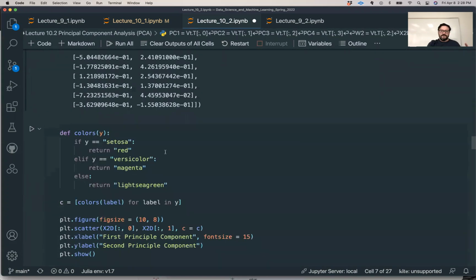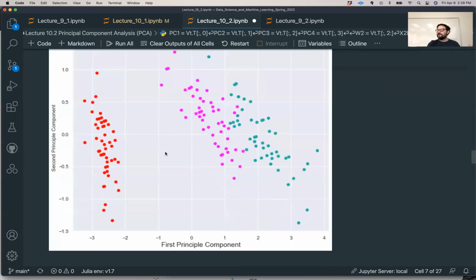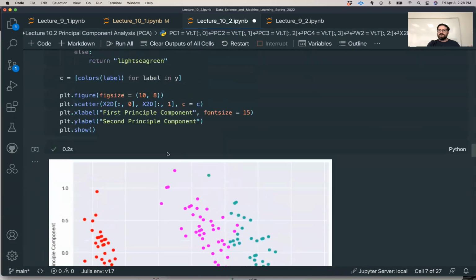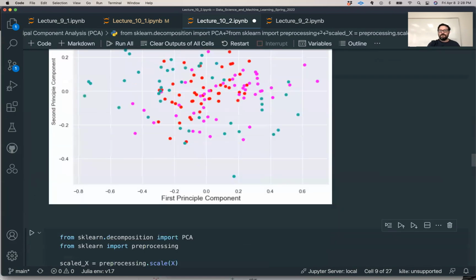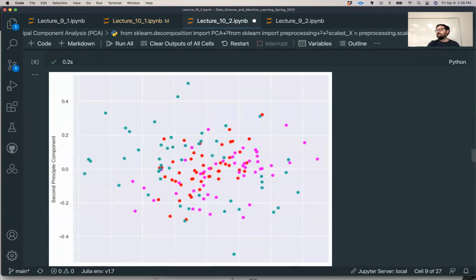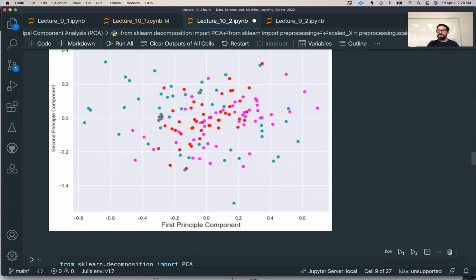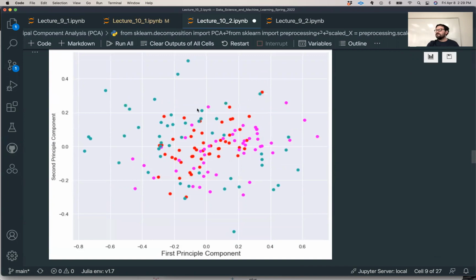So here's what it looked like before with the first two singular vectors. And then I'm about to do it with the last two. See that? There's barely any separation in the data. Look at the x values here, negative 0.8 to 0.6. They're on top of each other, right?